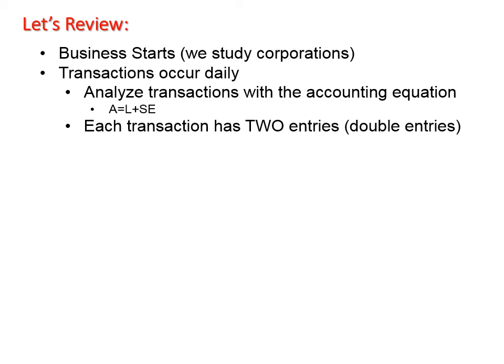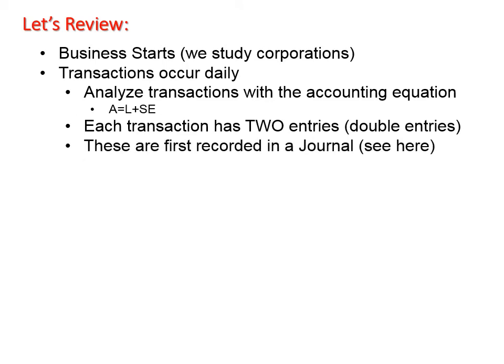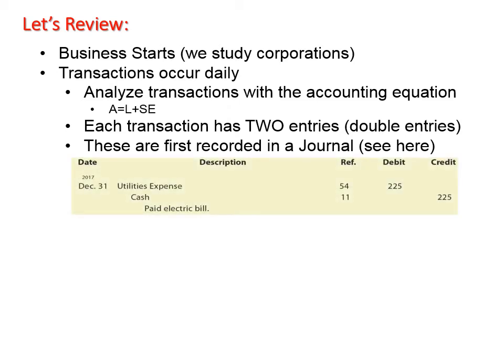Each transaction, as we've said, has two entries, and they are first recorded in a journal. And this is what a journal entry looks like as a reminder. There's a date, a description, and a debit and credit, and we can see how this journal entry has equal debits and credits, and then here's our explanation.